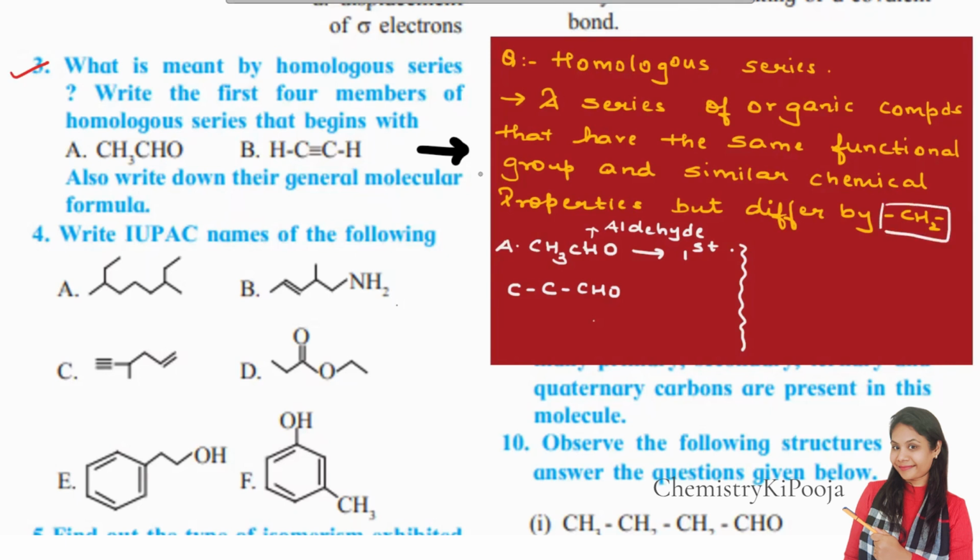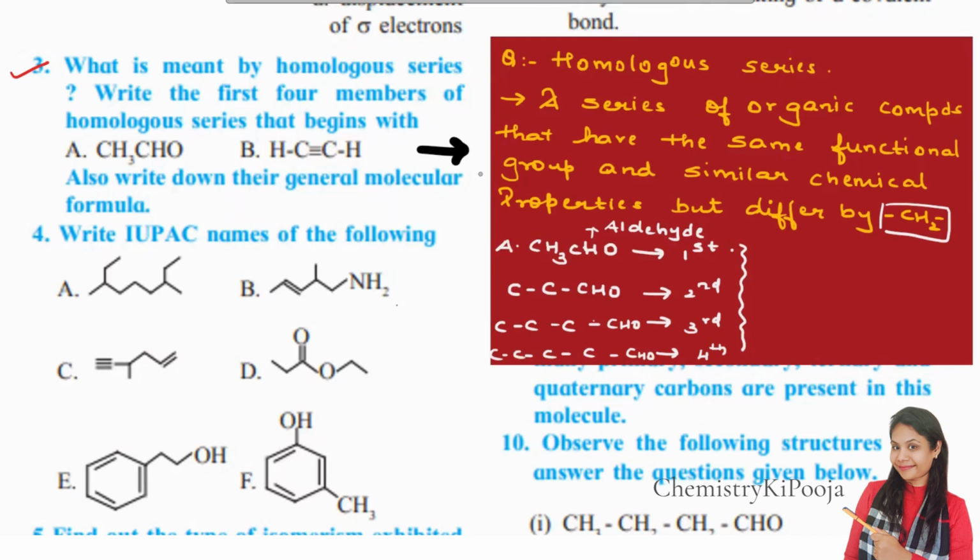Then this is the second member, this is the third member, and the fourth one I'm going to add CHO. This is 1, 2, 3, 4.